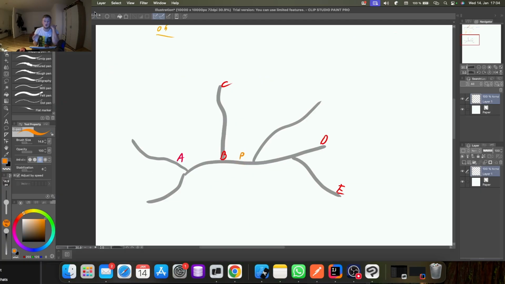Now because we know P is outside of this section, we have to decide if the P is after C or before in this section.